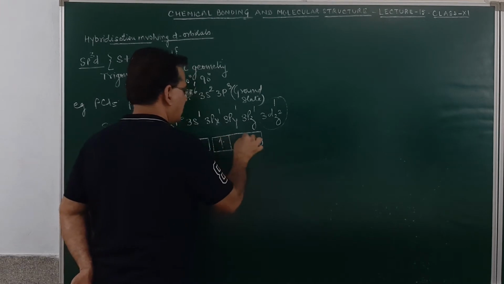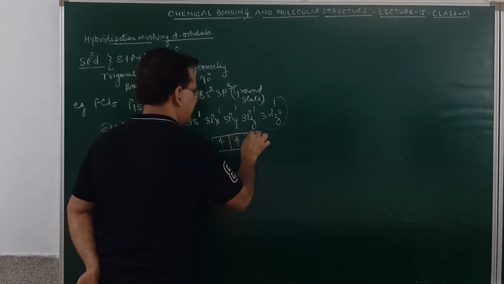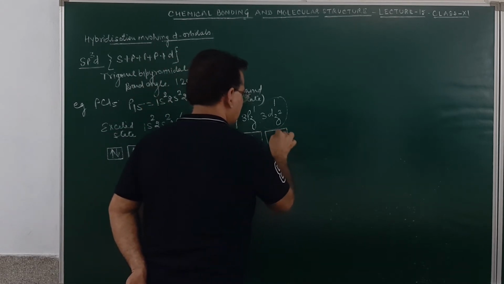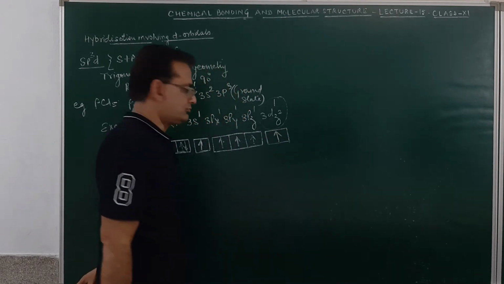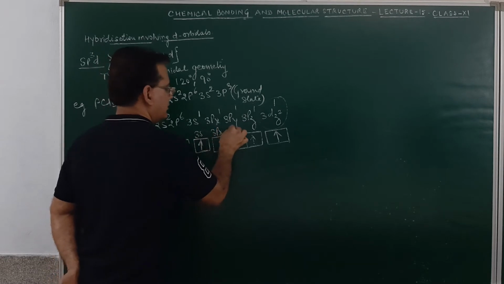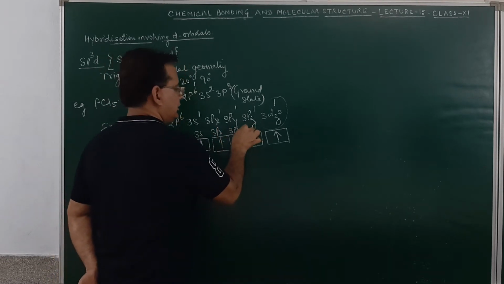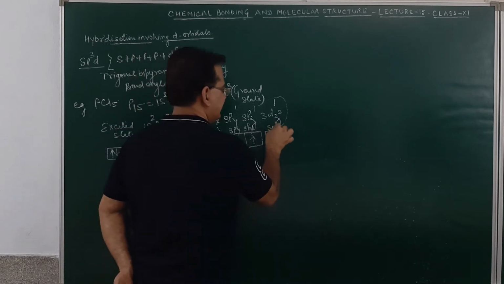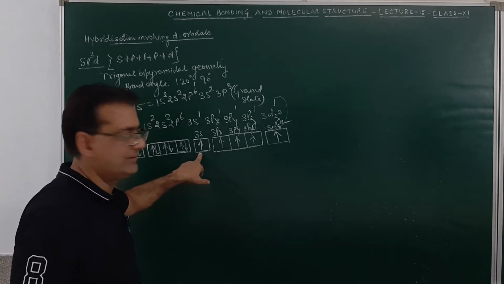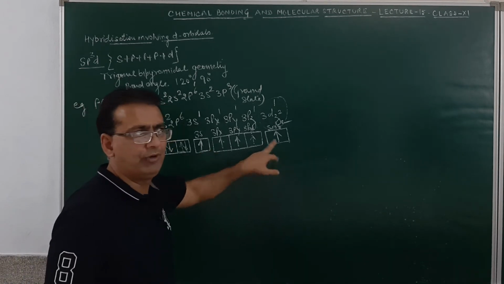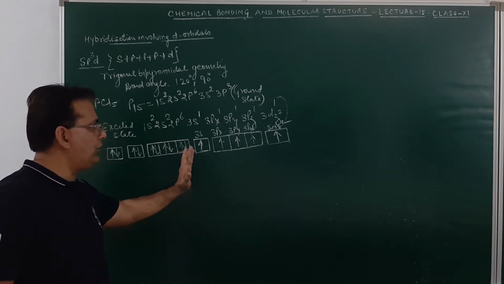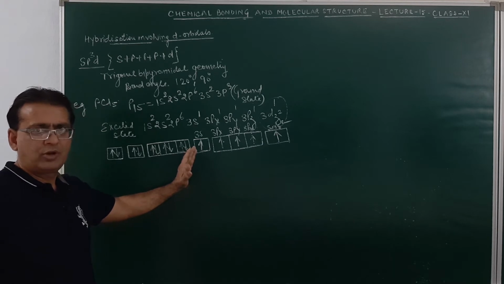And then we have 3dz square. Each is having one electron. You may see over here 3s, 3px, 3py, 3pz and 3dz square. Am I clear? Now one half-filled s, 3 half-filled p and 1 half-filled d, all of them belonging to the energy shell 3.